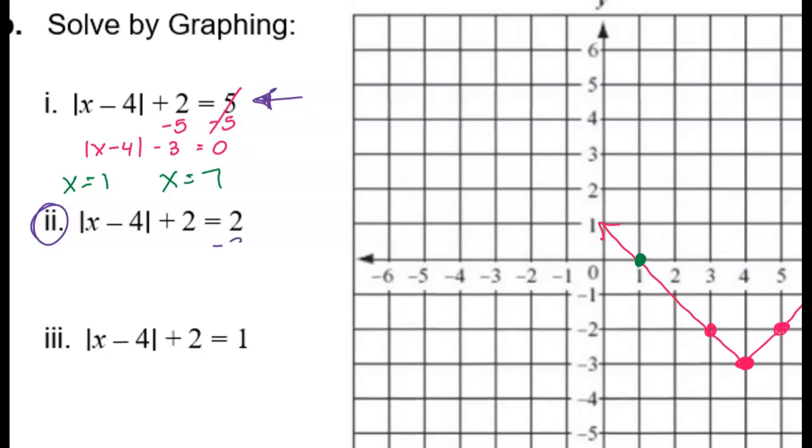Exactly. We need to subtract 2 over. So we have the absolute value of x minus 4. And what happens to that 2 minus 2? Because I subtracted 2 over, what happens to 2 minus 2? It cancels, giving us 0. So we just have the absolute value of x minus 4 is equal to 0.